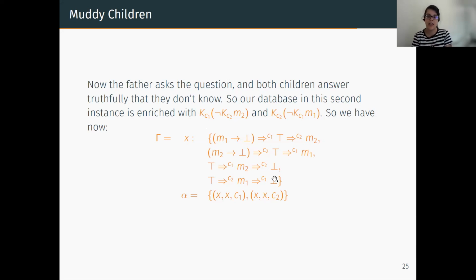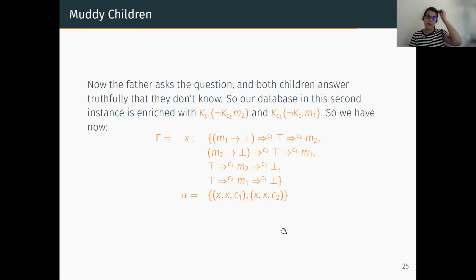This expresses the same as the formulas. These two, of course, are these two formulas, and these two are these two. And since we only have one label, and we do have reflexivity in our system, what we are going to have is that X, X, we have the link between X with regard to each child.